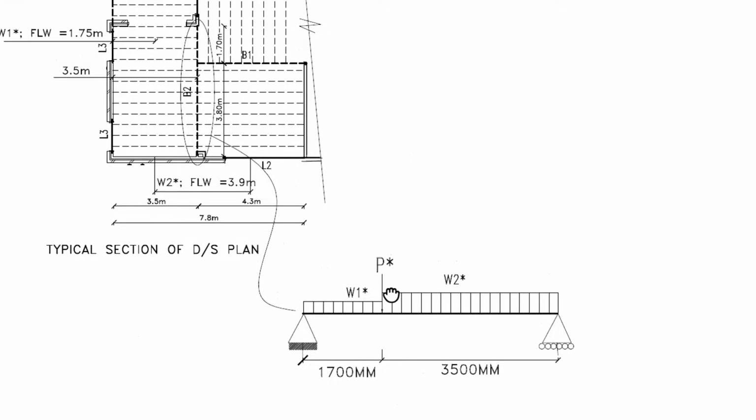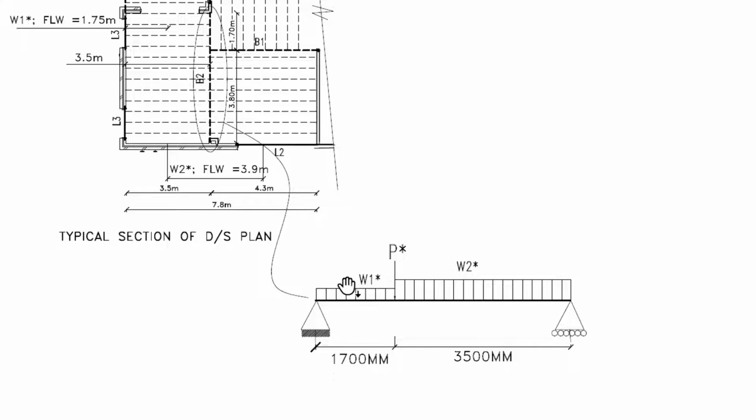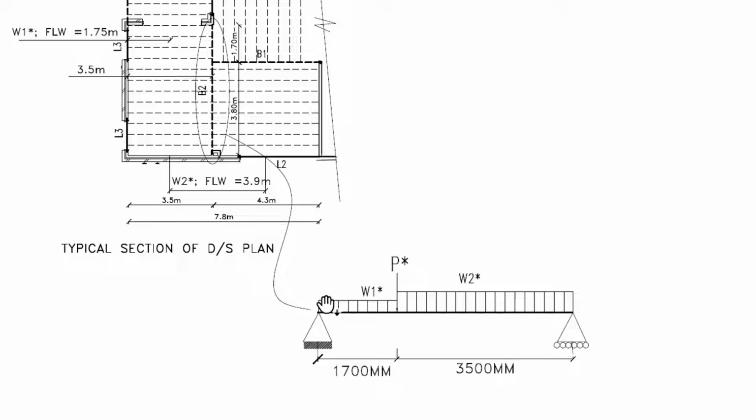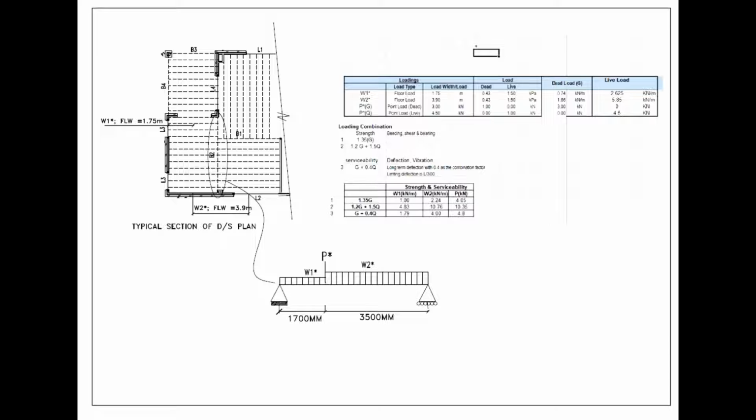To model beam B2 on Spacegass, we first need to determine the applied dead and live loads, and then we will work out the loading combinations that are required and the different load case combinations. Okay, here now we have the loading table.